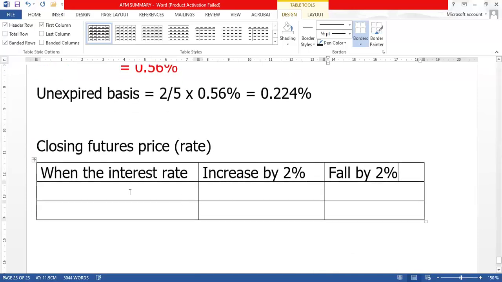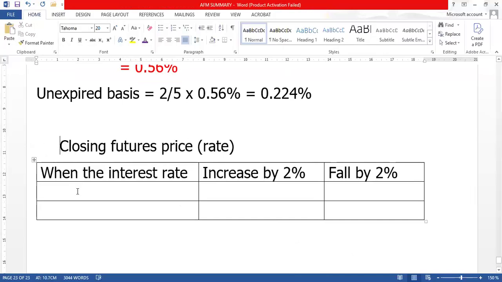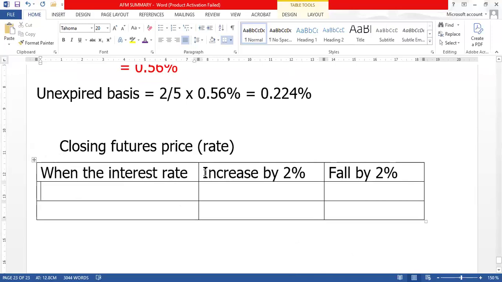Because they told us fluctuate, if they say fluctuate, it can increase or fall.